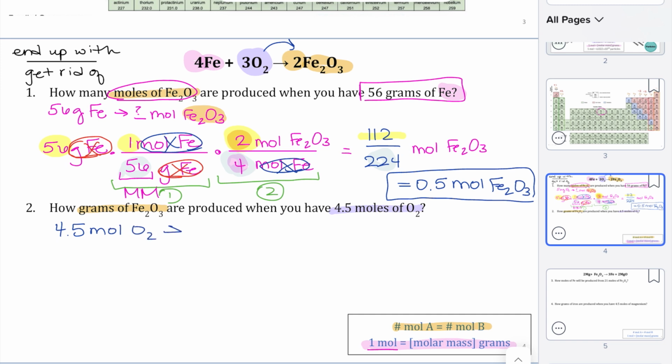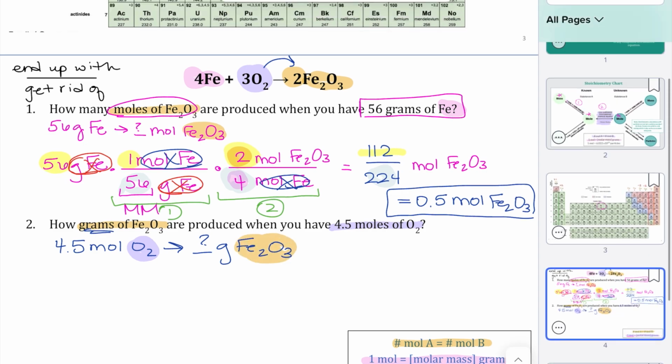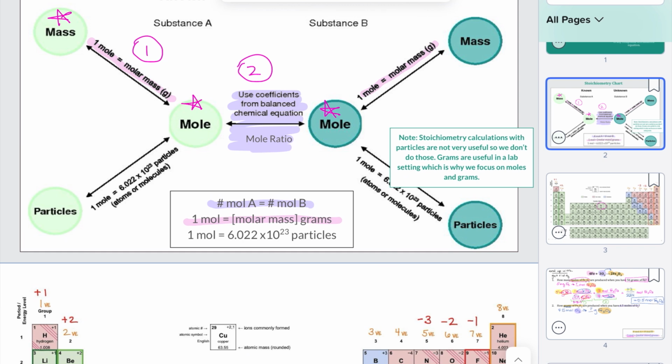So moles of one thing to grams of another thing. If we go back up to our chart and look at how many steps that's going to take, we are starting here and ending here.